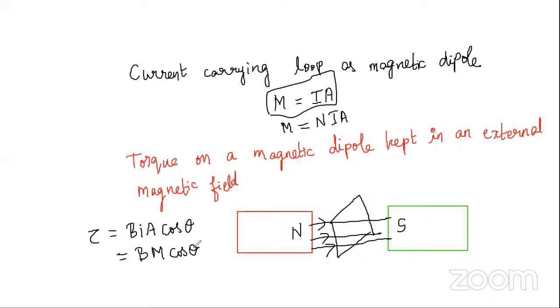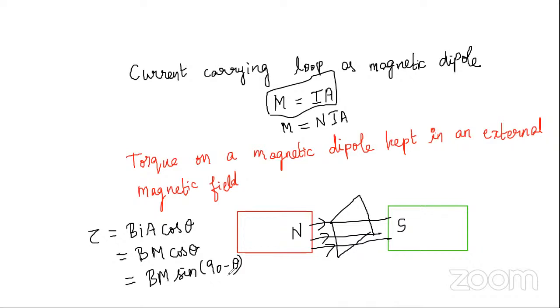This cos theta can also be represented as sine of 90 minus theta. So tau equal to BM sin of 90 minus theta. Instead of cos theta, you can put sin alpha like that.